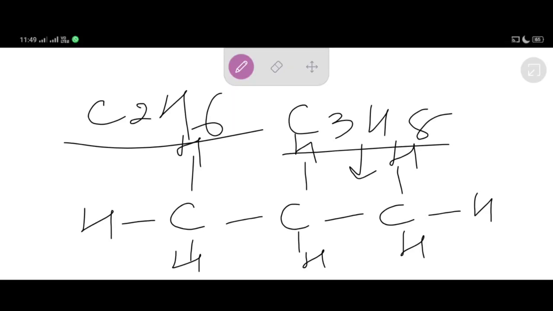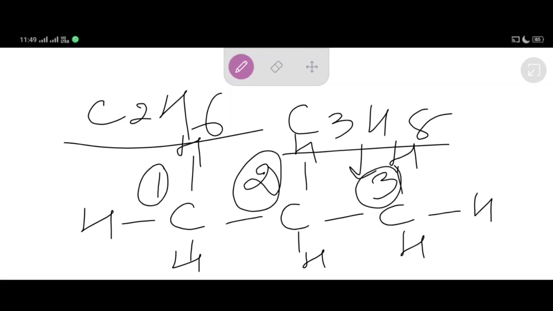First thing, you have to identify the number of carbon atoms. This particular compound contains 3 carbon atoms. This is carbon number 1, carbon number 2, and carbon number 3, my dear students. Jot it down with me.